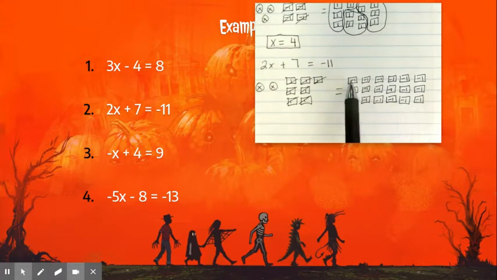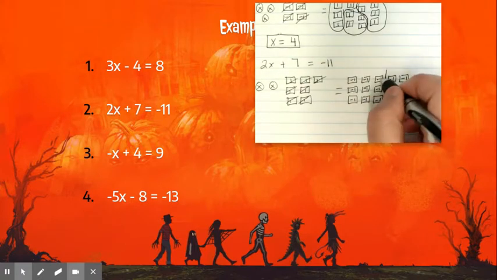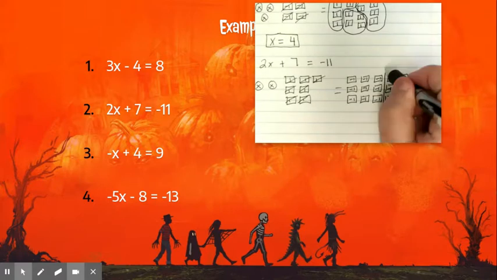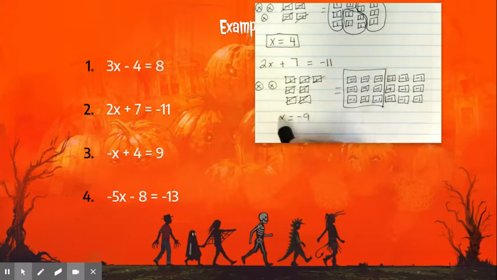So we're going to go 1, 2, 3, 4, 5, 6, 7, 8, 9. We're going to split this in half. 1, 2, 3, 4, 5, 6, 7, 8, 9 and then 1, 2, 3, 4, 5, 6, 7, 8, 9. So x equals negative 9 because these are negative.